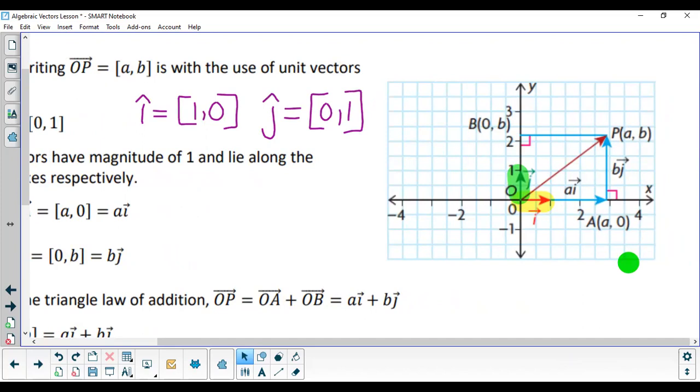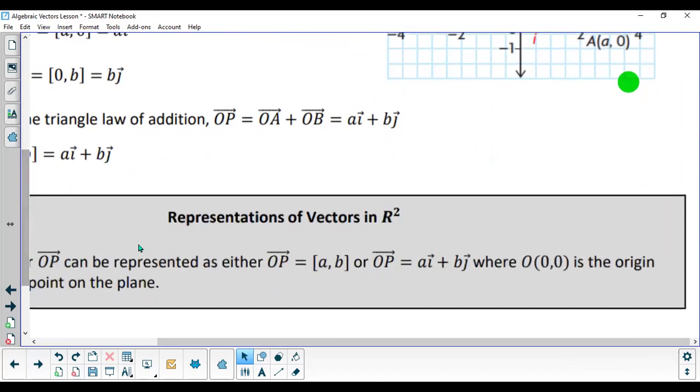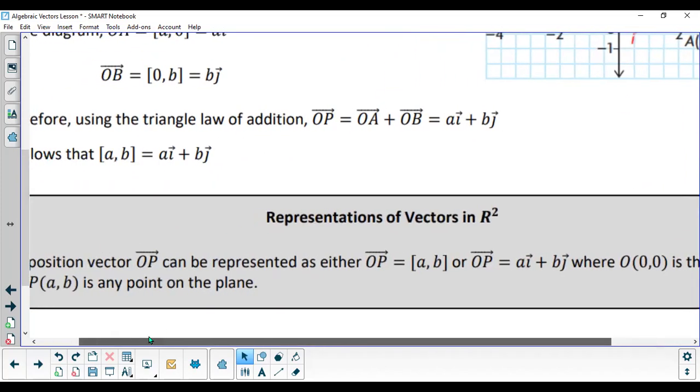So in terms of horizontal components, I can illustrate my unit vector by multiples along the horizontal, multiples of I, as well as multiples of j. So in general, I'm going to write down OP. Oh, and here's a definition here.